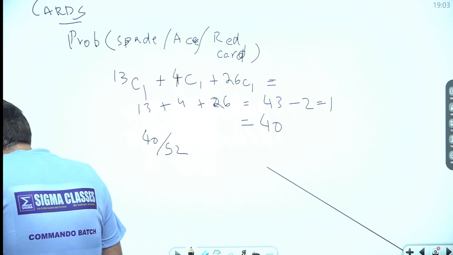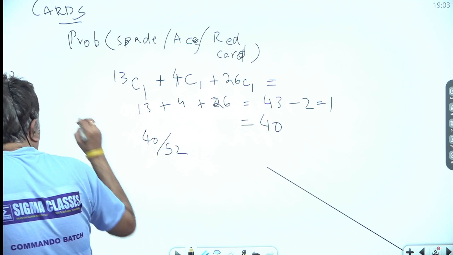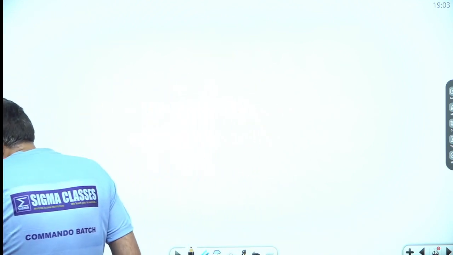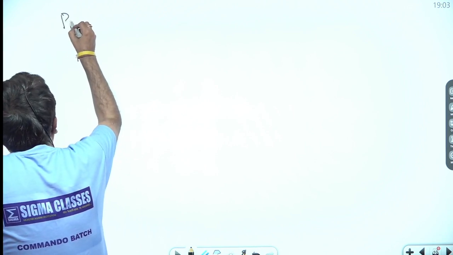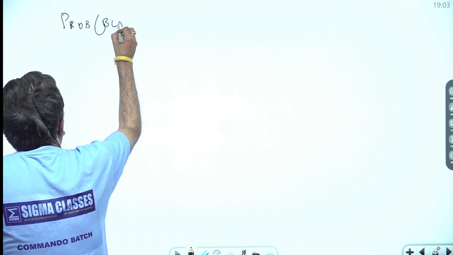Let's look at what is the probability that it's a black card.